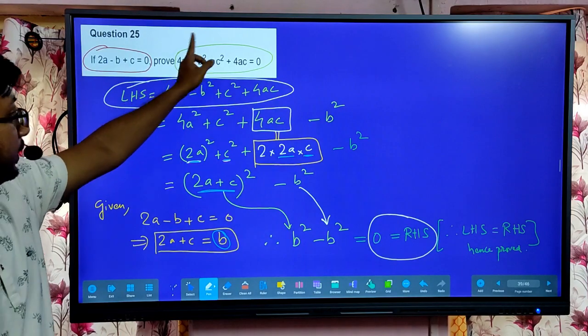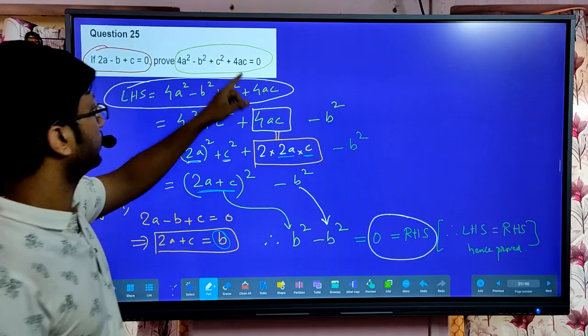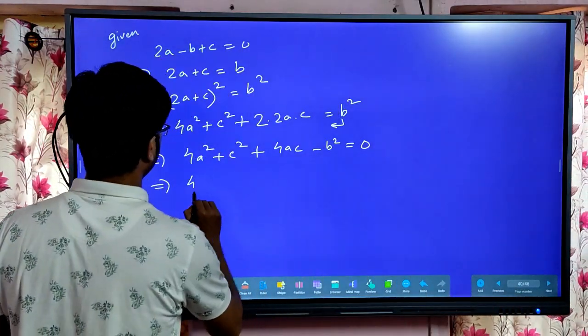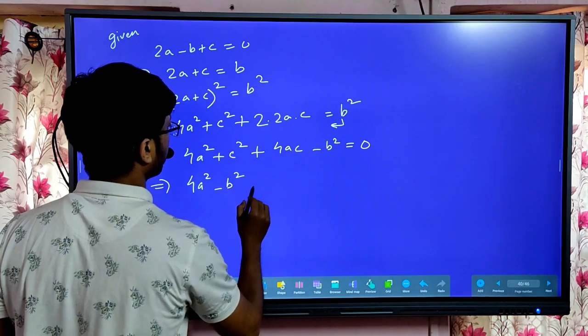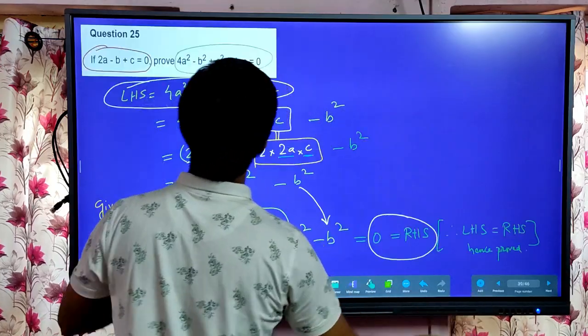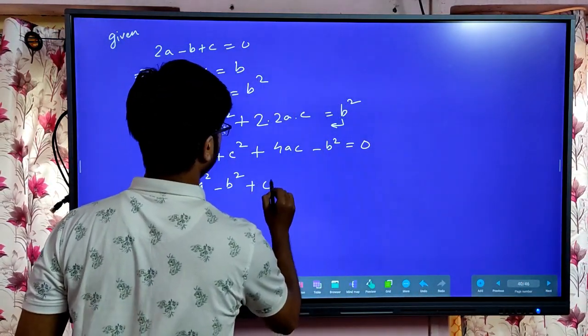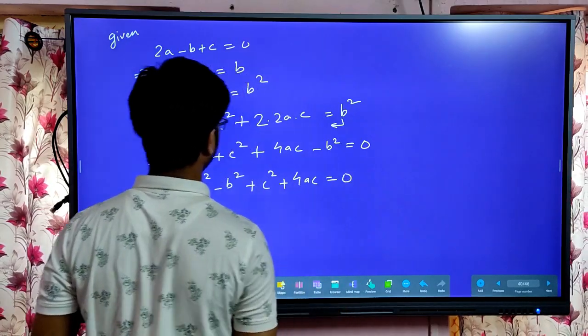You write the next step in this order: 4a square minus b square, plus c square plus 4ac will be equal to 0, hence proved.